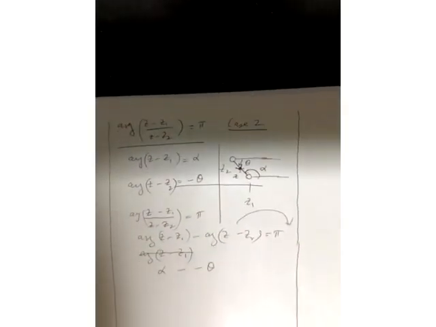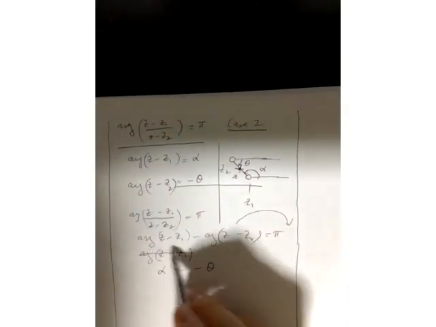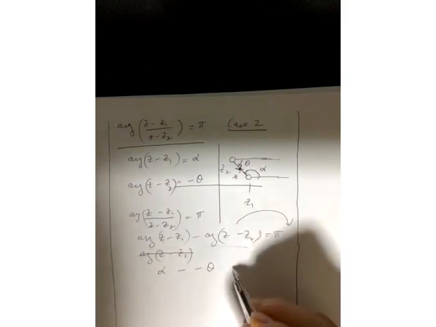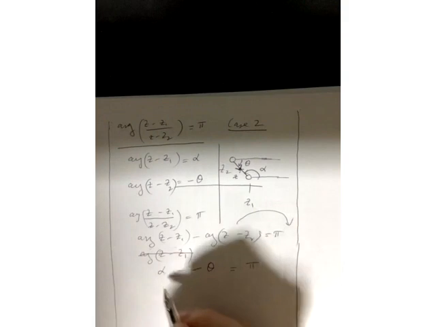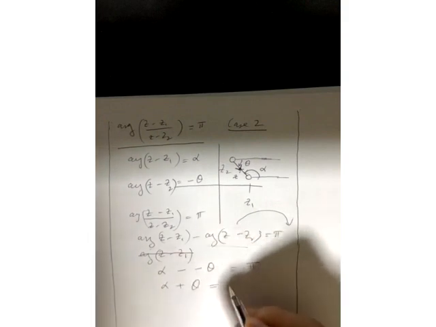And so we replace it with alpha minus, and the argument of there is minus theta. So that's alpha, that's minus theta, and the answer should be pi, because alpha plus theta is pi. Why?